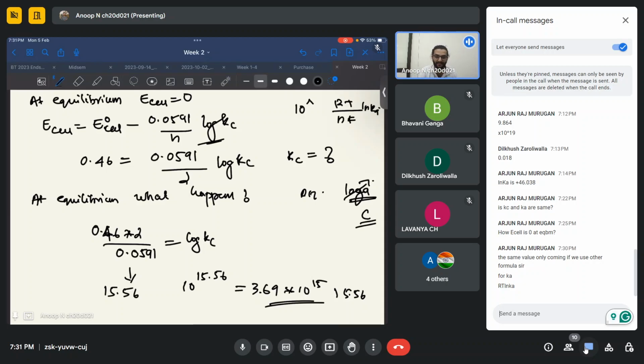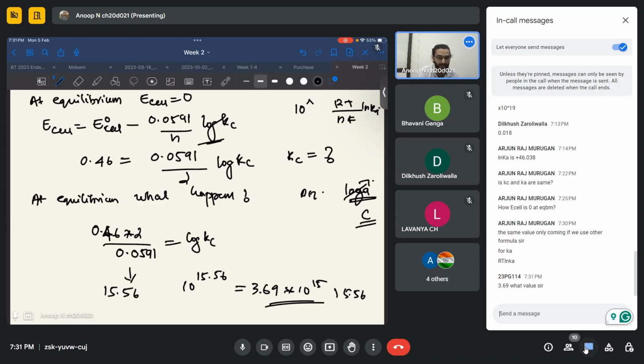There won't be any difference because one is e raised to, and for compensating that, we are taking 2.303. 3.69 is the magnitude. 3.69 into 10 raised to 15. Okay, I'll write it properly. 3.69 into 10 raised to 15. It's an equilibrium constant. It doesn't have a unit.